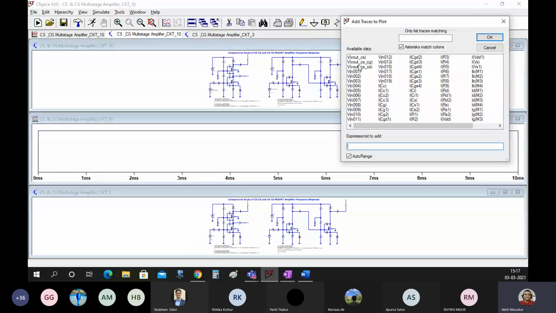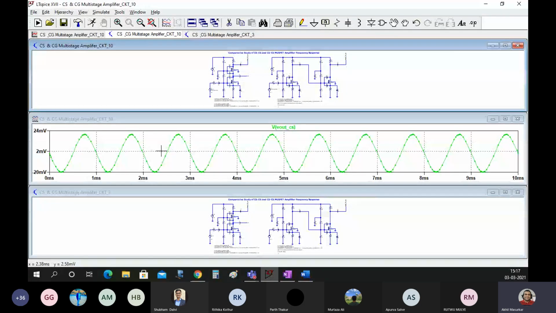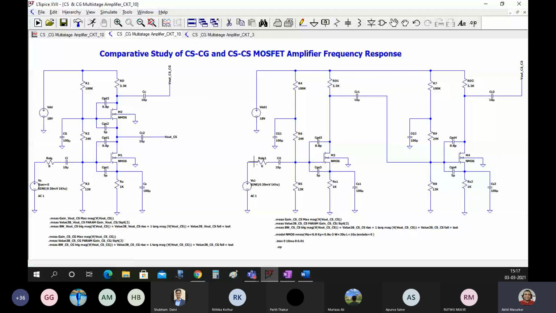And here we'll add Vout CS, and in this very same thing we can add this.